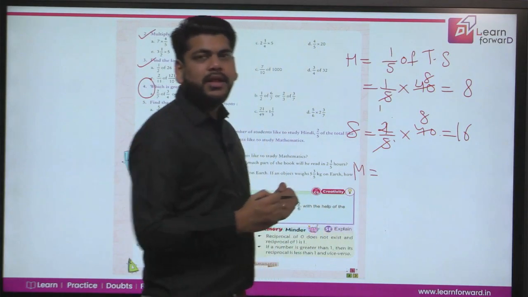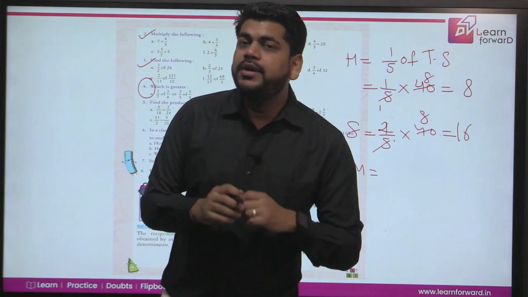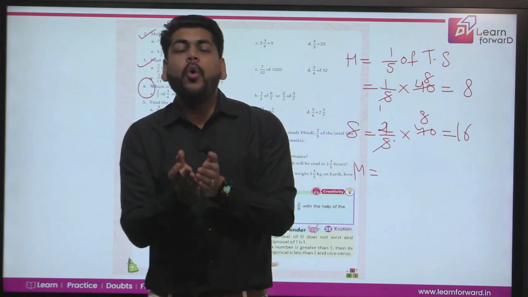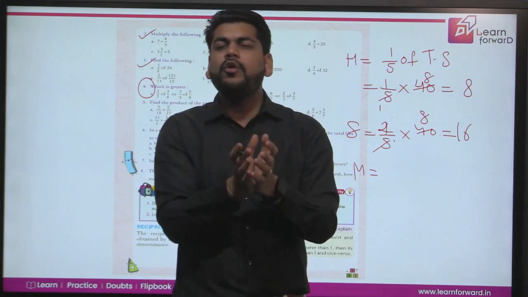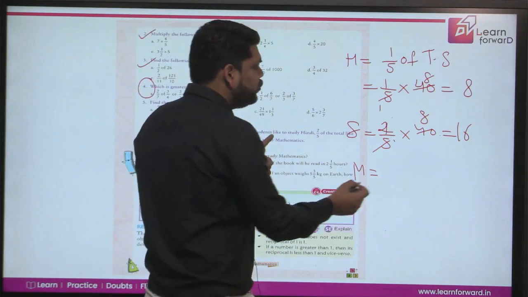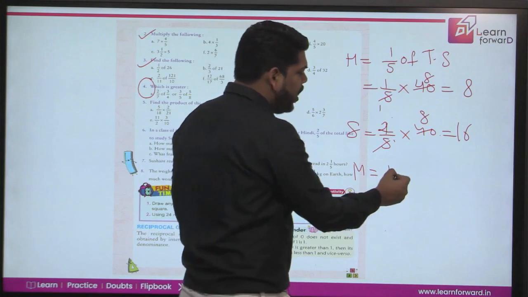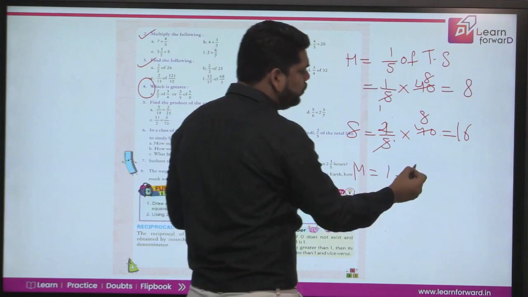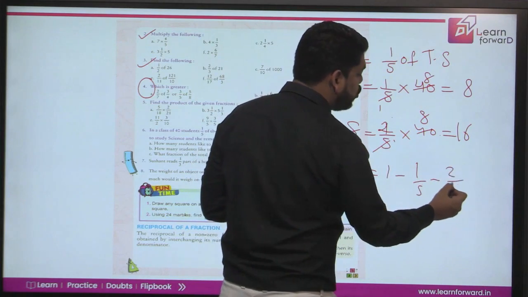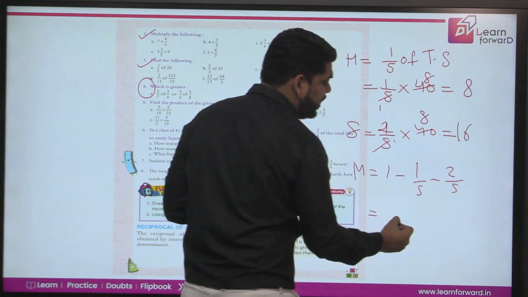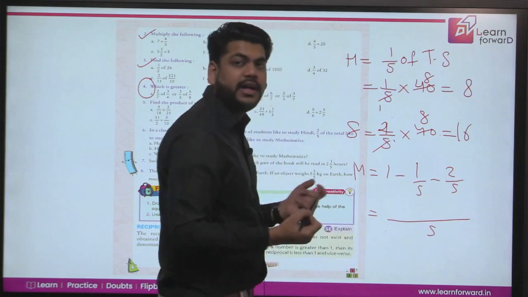How much is remaining? See, first you need to understand the total of the whole fraction is always 1. So the total is 1. How many students are already interested in Hindi? 1 by 5. And how many science? 2 by 5. So how much is remaining? First we'll take the LCM, that is 5.